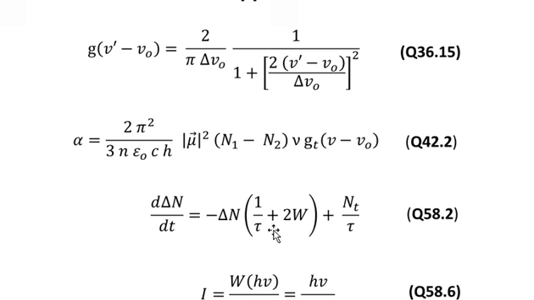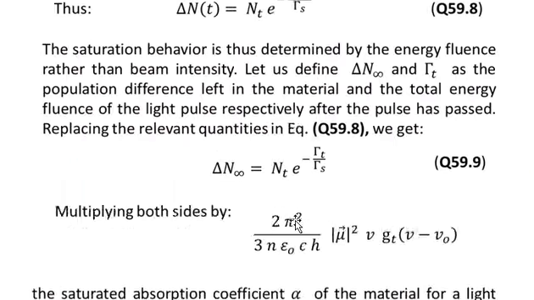If you bring Nt over tau to the left hand side, the term d delta n over dt is much smaller in comparison with Nt over tau, so this term can be ignored. When this term is ignored, it means that we can set it equal to 0, and then we can solve for the rest of the parameters from this equation.